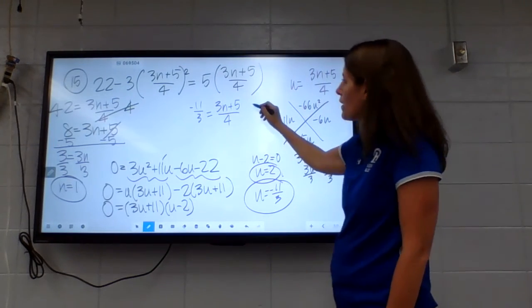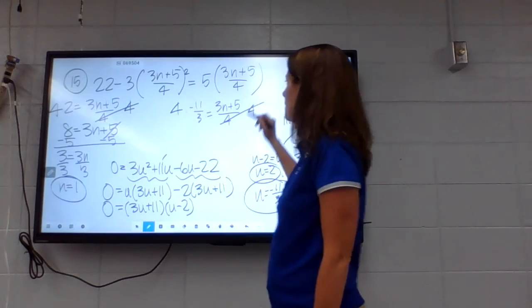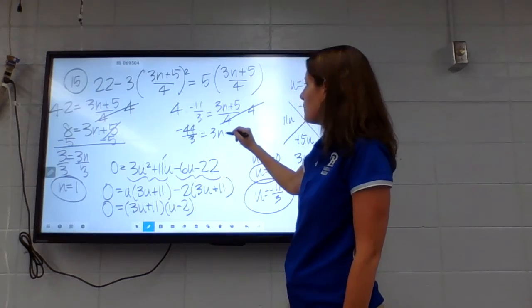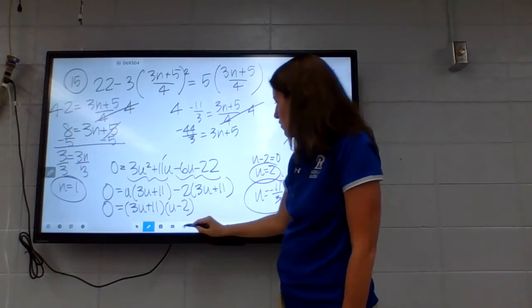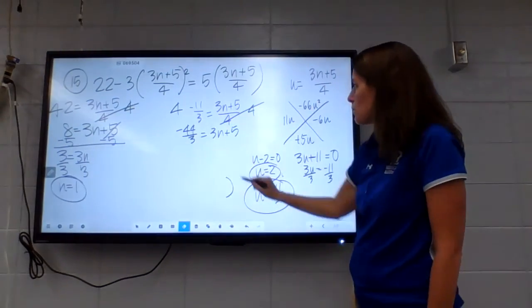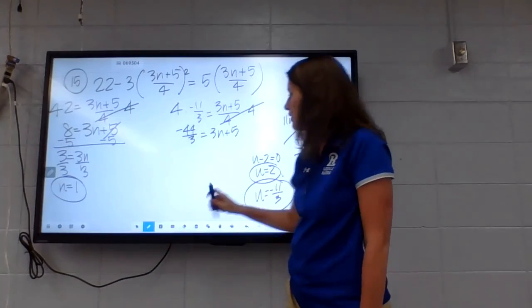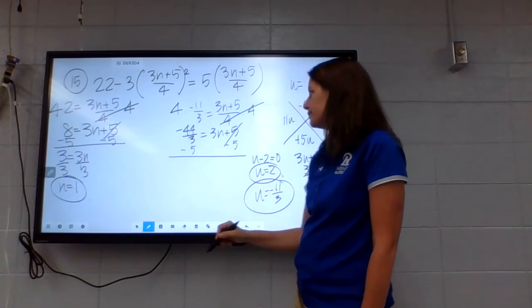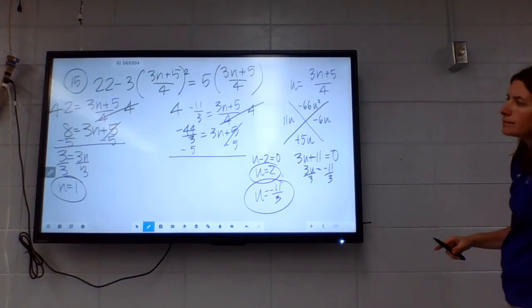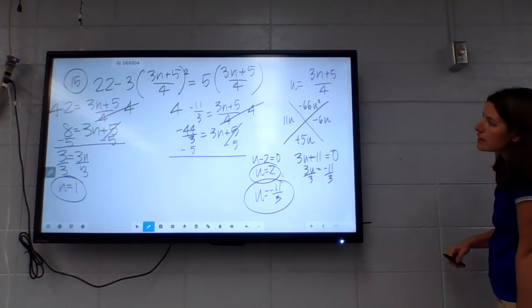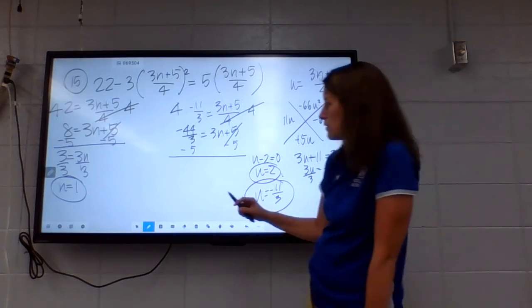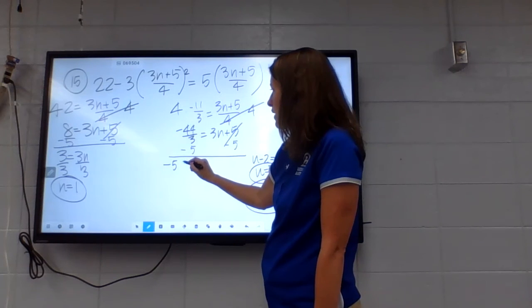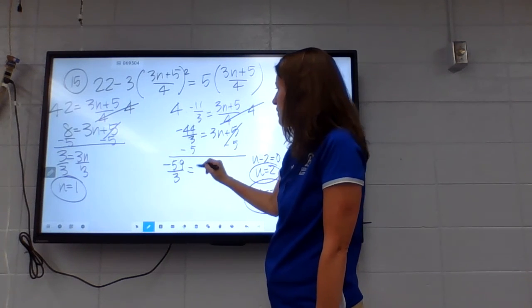Multiply each side by 4. Now I'm going to move the rest over here. So move that 5 over. Negative 15, so it was negative 59 over 3, I think.